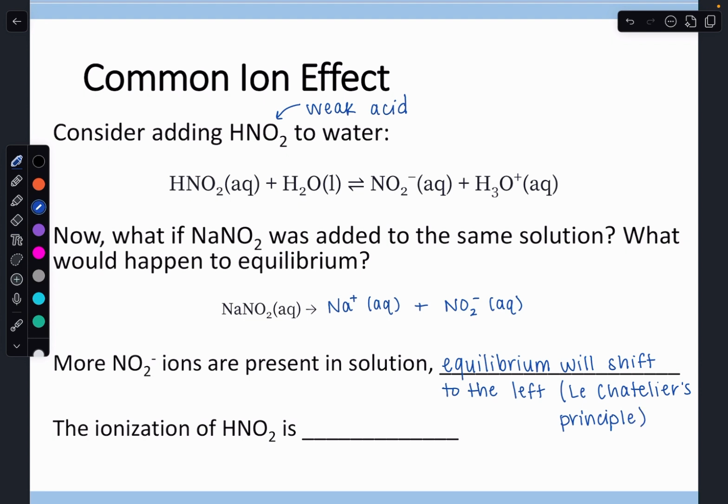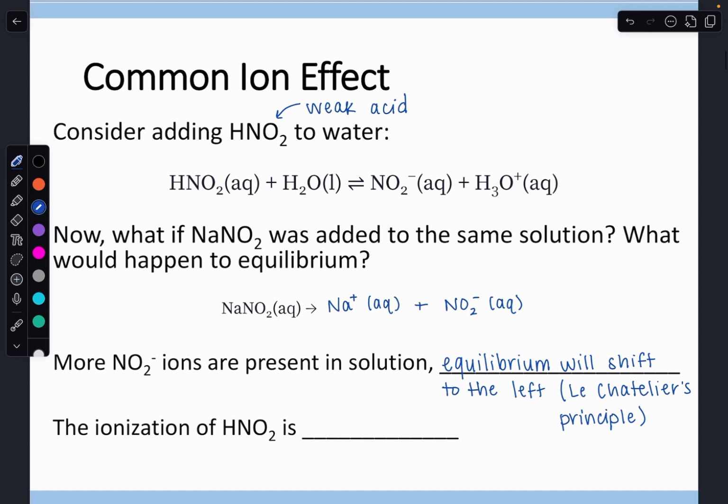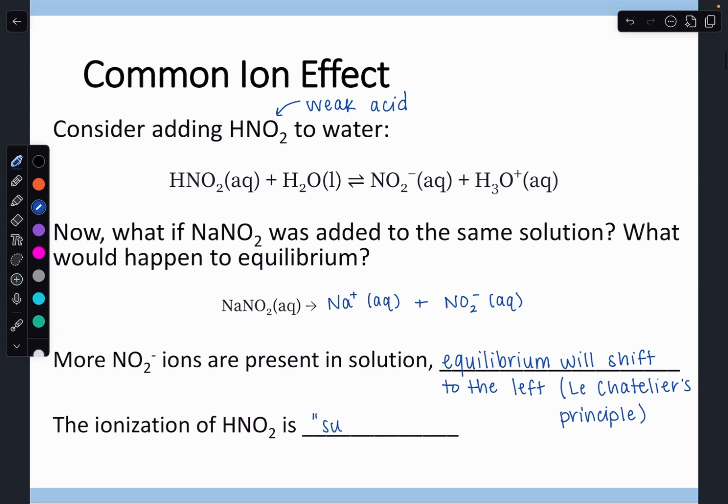So we could say the ionization of HNO2 is suppressed by the addition of this salt, because this salt increases NO2 minus concentration, and that would shift the equilibrium left, meaning less HNO2 is ionized.